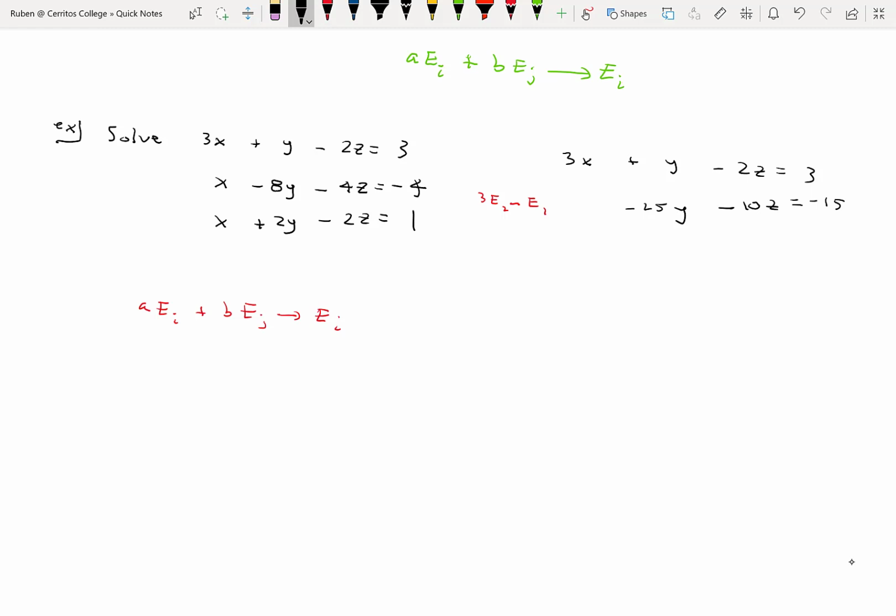Okay. For the time being, though, we need to do this by hand so we get an idea of what's going on. So it brings up a good question: on your homework and on exams, should you be prepared to do this by hand? And the answer is yes. Yes, I may have you solve a system by hand using this technique.